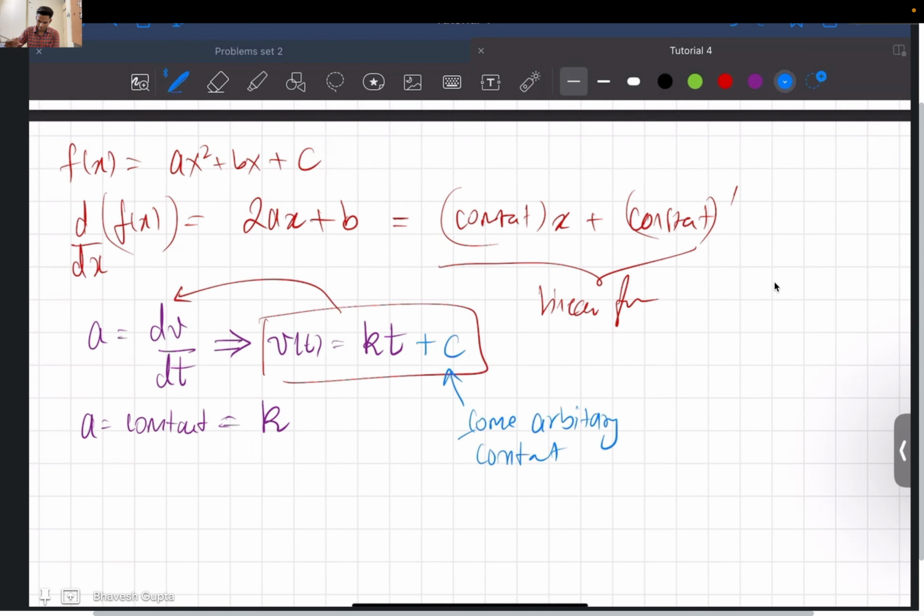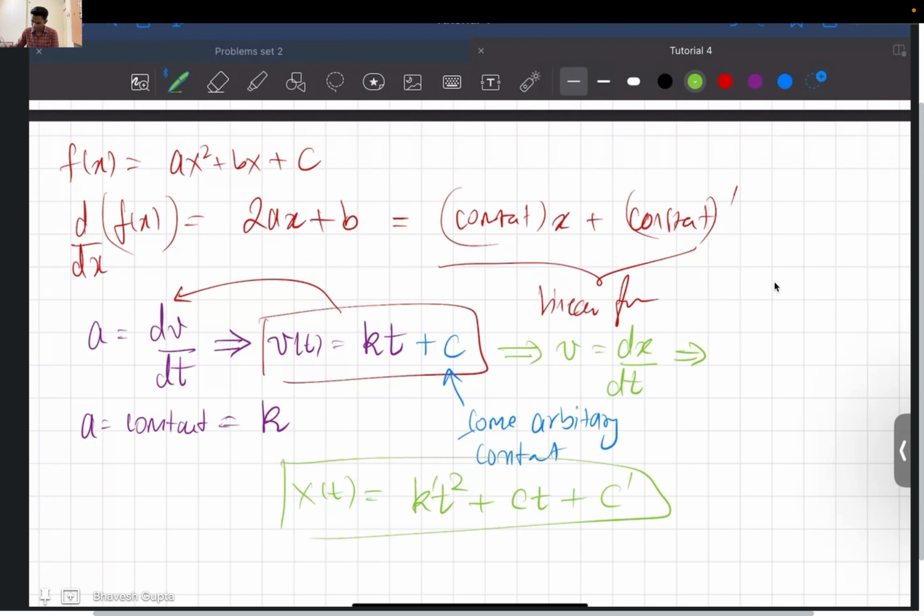A similar process we can do for the position as well. The idea is that my velocity is a derivative of my position. So what do we see here? Since velocity is given to me as linear, my position actually turns out to be a quadratic. Maybe I'll say some k prime, for example, times t squared plus some ct plus some different constant.